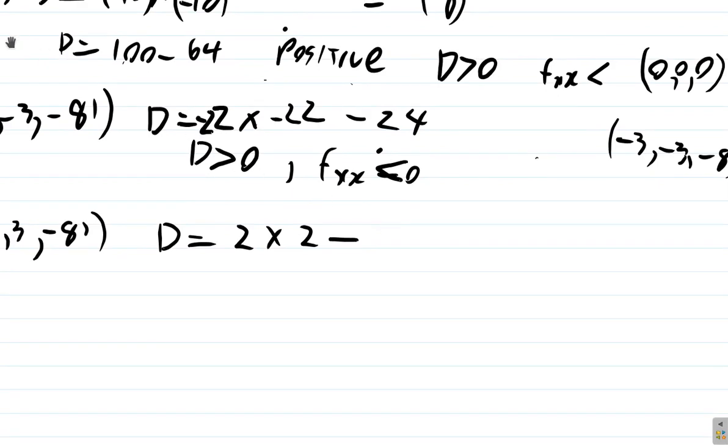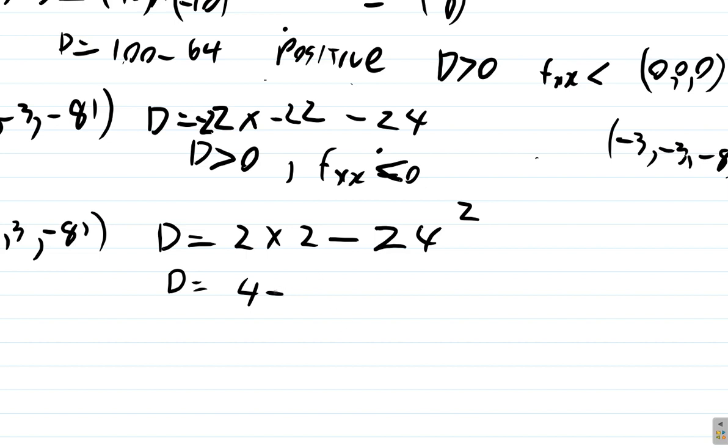So it's minus 24 squared. Remember, I'm reminding you again, you should try this, pause the video at various points and try it. And even after you watch the video, try to redo it by yourself. So D equals 2 times 2 is 4 minus 24 squared.